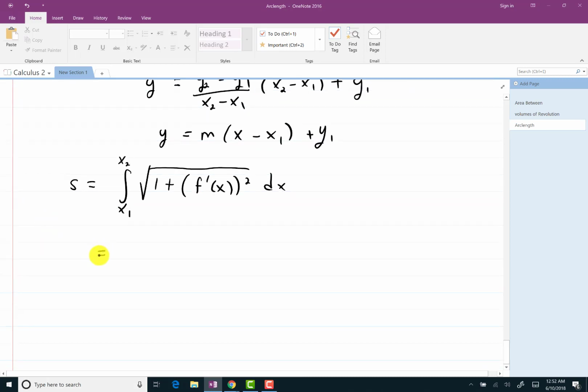That equals f prime of x. Well, for this part, if you take the derivative of this stuff right here, that's just 1. The others, that'll just be 0. So you're going to get just m. So you're going to get the integral from x1 to x2 of the square root of 1 plus m squared.